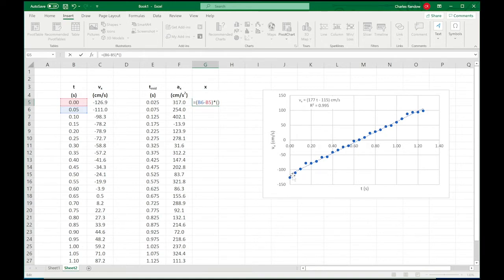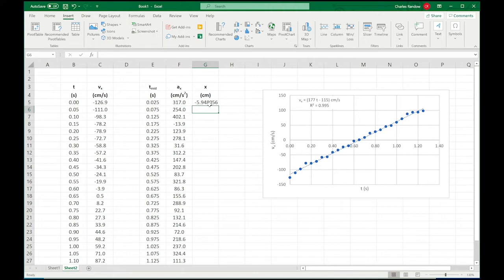So to get the average, I want to add these two values together and divide by 2. I don't know if this will make it more clear or less clear, but in these parentheses, I'm going to put another set of parentheses divided by 2. So within the first set of parentheses, I'm going to add these two values together. So I'm going to add C5 plus C6. So if we look at this, we have the base, which is the time interval, times the height, which is the average value of the 2 points.